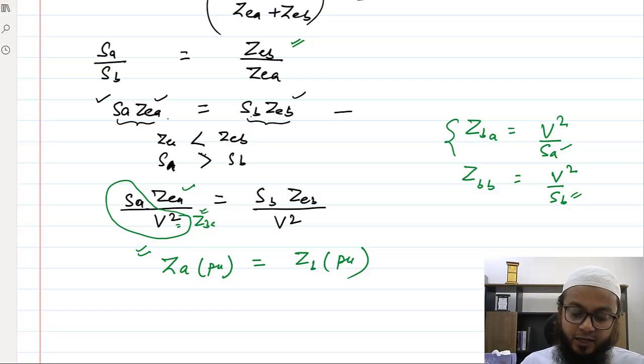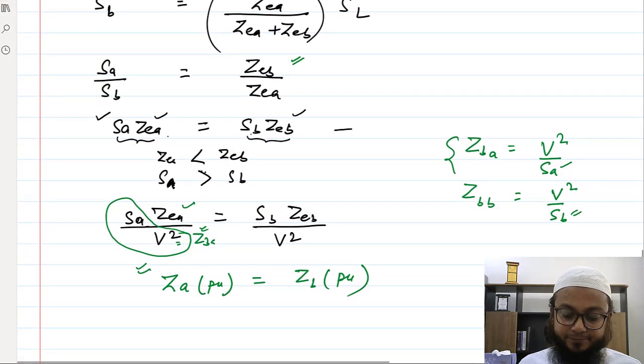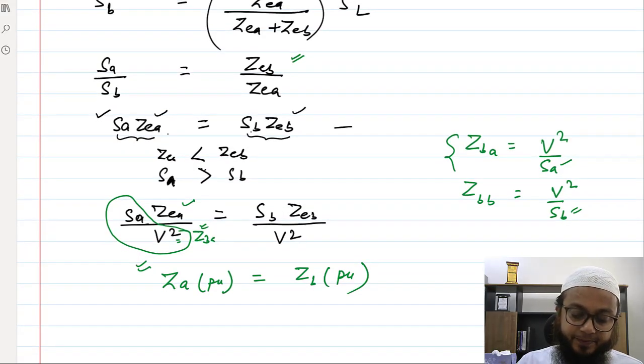Just think of, let's say, transformer A having a higher impedance. Consider an example.